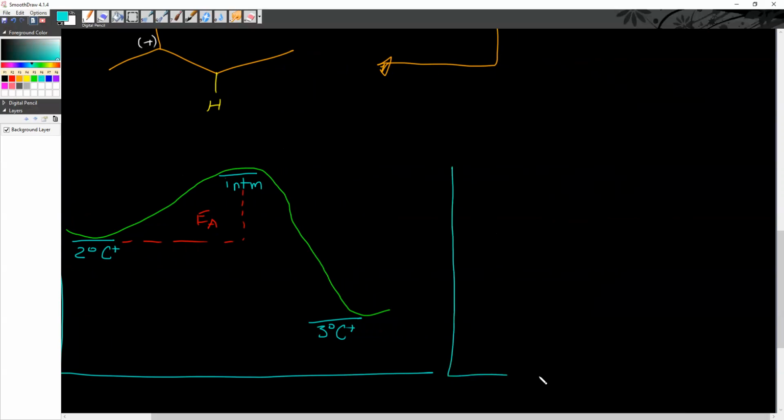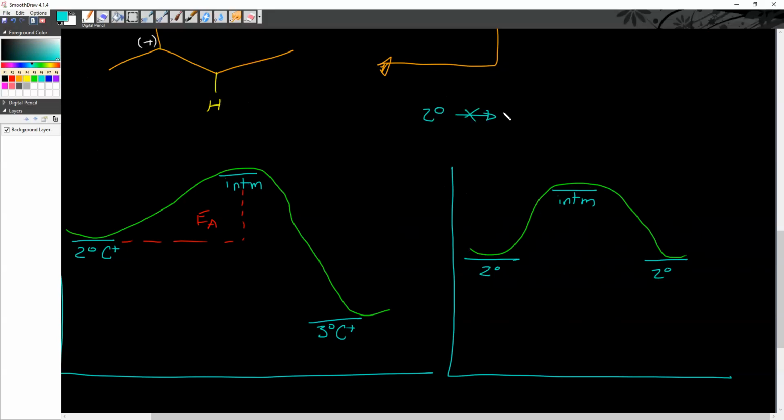When we try secondary to secondary, which would be comparable, we still have to go through that unfavorable, high-energy intermediate step. This is why we don't have secondary changing into secondary, or tertiary turning into tertiary.